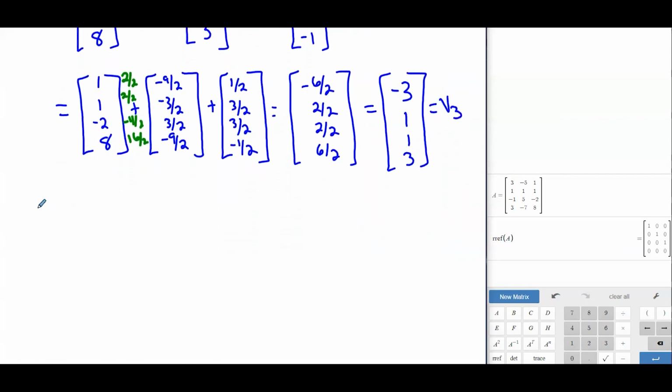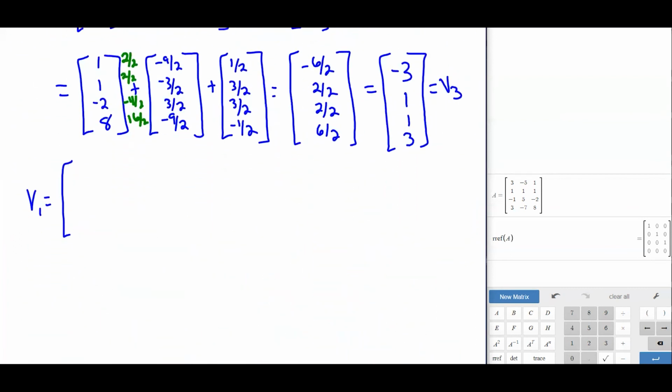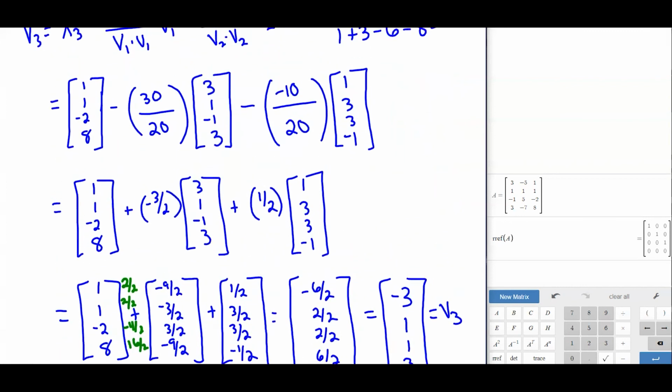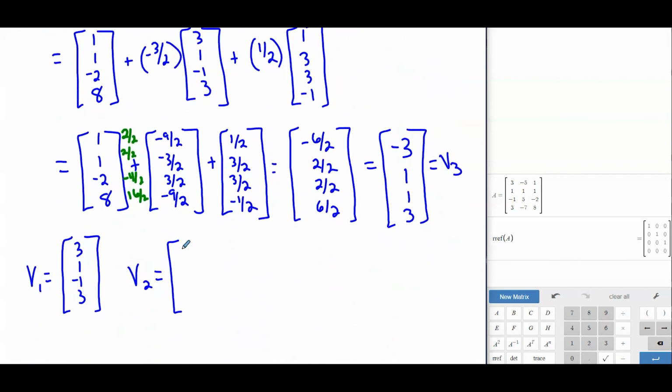Okay, so let's write down our vectors here. v1, they're all very similar, right? v1 is 3, 1, negative 1, 3. v2 is 1, 3, 3, negative 1.